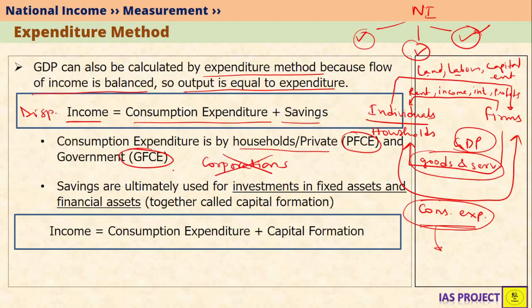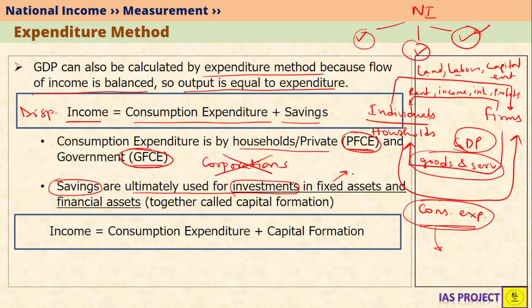So in the entire economy, consumption expenditure comes only from private individuals, that is households, and that part of consumption expenditure is called private final consumption expenditure, and also from government, and that part of expenditure is called government final consumption expenditure. We know that whatever savings are there, they're ultimately used for investments in fixed assets as well as financial assets.